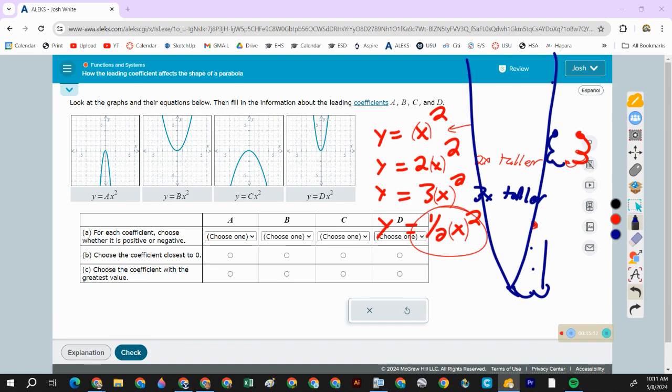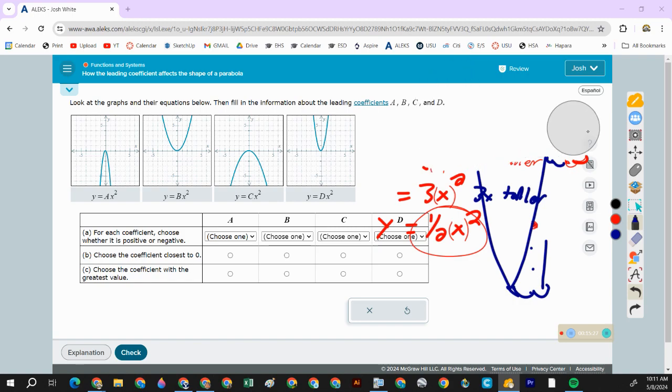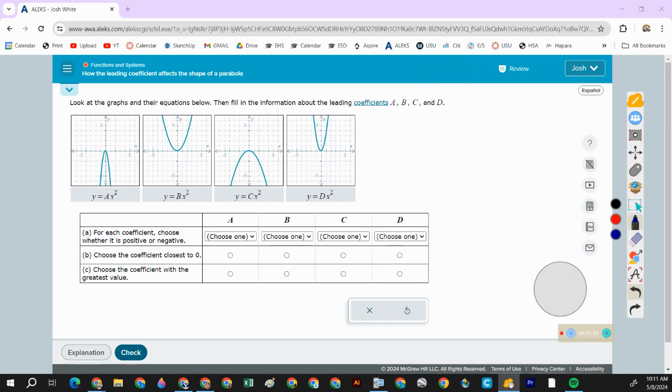And then this one is going to be half as tall. So instead of over 1, up 1, it's over 1, up 1 half. And instead of over 2, up 4, it's over 2, up 2. So you just need to match each graph with each description.